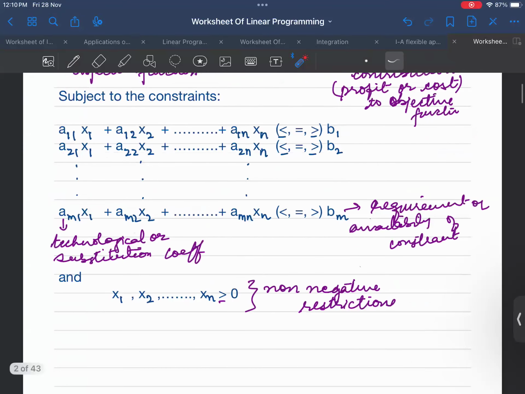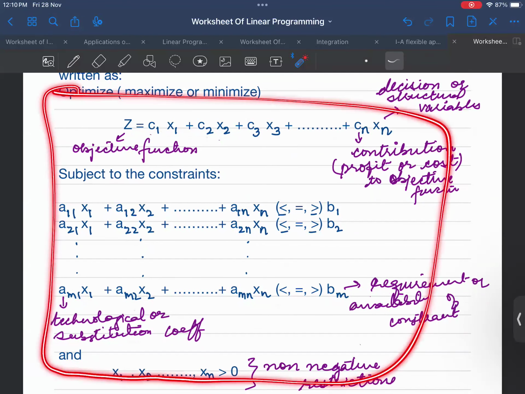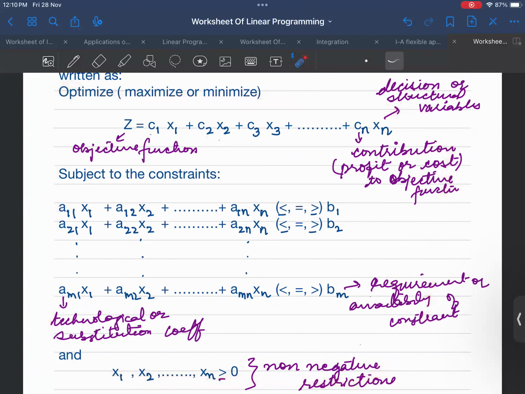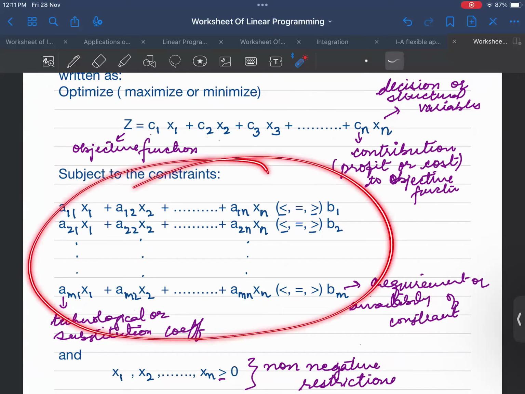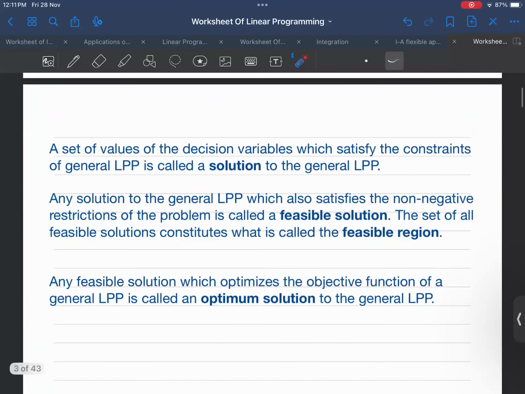If this is a general LPP, all the things are there, and we get a set of values of decision variables, our x1, x2, x3, which satisfy all of my constraints. That set of decision variable values is known as solution of the general LPP.